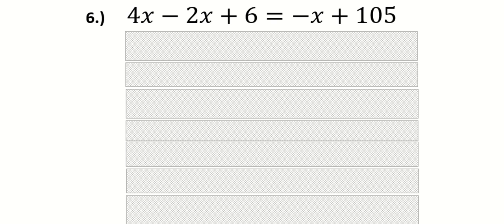Last example. Nothing new, just a number of examples to get you in the right zone, get some practice. So what do you think we should do first? There's plenty of things we could do and not be wrong, but are there any parentheses to clear? No. Are there any terms that are like terms that are already on the same side?